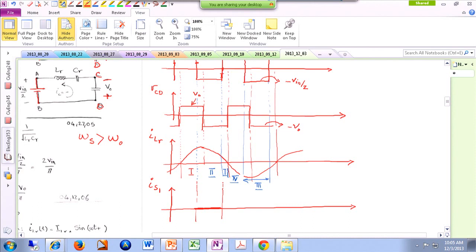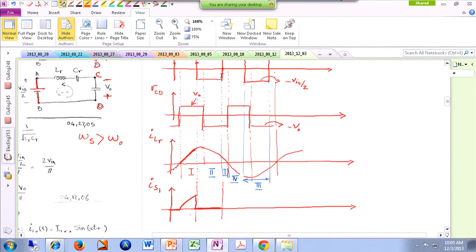And because we are looking at the transistor, this transistor is only conducting current from top to bottom, or whenever ILR is positive. So from here to here, where ILR is positive, I can argue I have some action going on. Before that, like around here, ILR is negative, so the transistor is not really conducting. It's actually the diode anti-parallel with the transistor that is conducting. So this would be our current waveform.